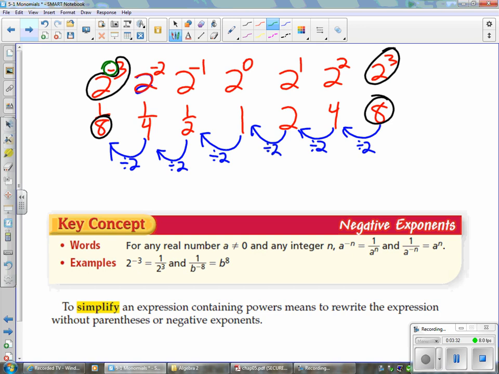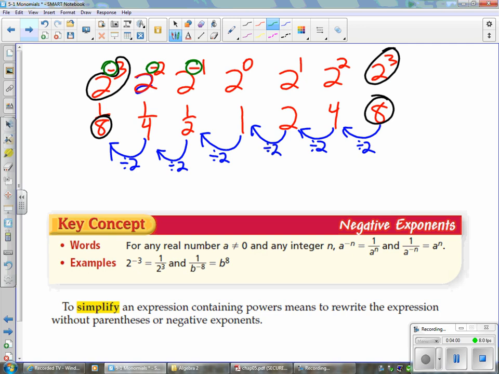It turns into the reciprocal of that. What's the reciprocal of 8? 1/8. What's the reciprocal of 2 squared, which is 4? 1/4. What's the reciprocal of 2? 1/2. And so you can look at these negative signs in exponents and think of them as reciprocals. They flip it. They make it 1 over.